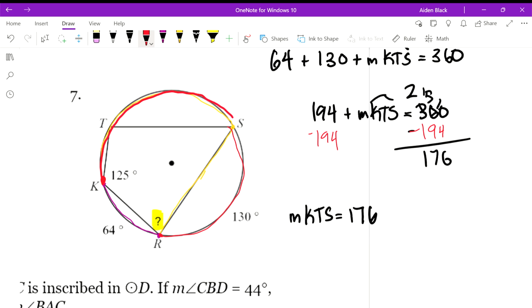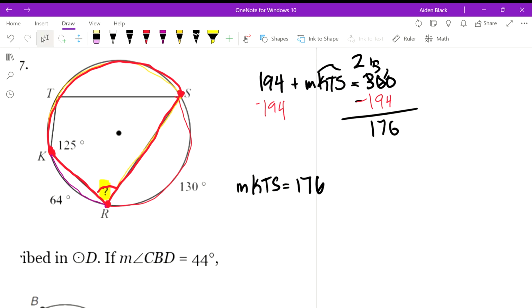The intercepted arc, which we found is 176, is 2 times the measure of that inscribed angle. So the measure of that inscribed angle, let me highlight this, is half of 176, which should be 88. 88 times 2 is 176.